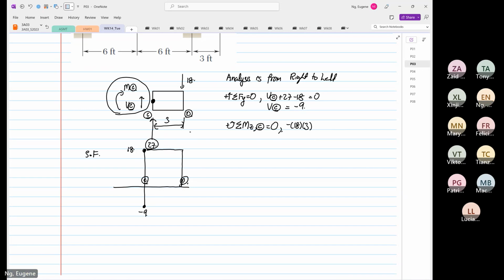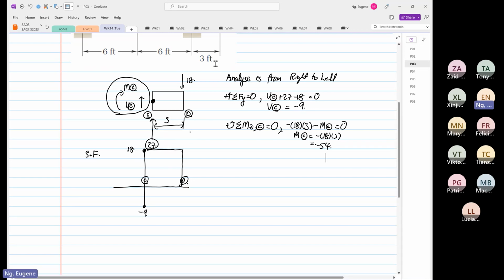Both are clockwise, so minus. The moment about C is equal to minus 18 times 3, which is minus 54.